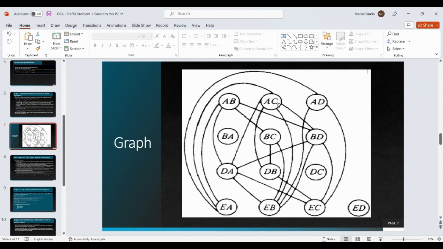If you look at this, AC is connected to all three, BD is connected to all three. Similarly, DA is connected to all three, EB is connected to all three. So this is called a four-clique. If it is a three-clique, only three colors will be required. So you should be able to solve the problem with that many colors only.